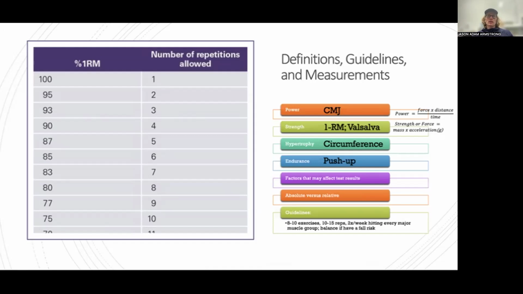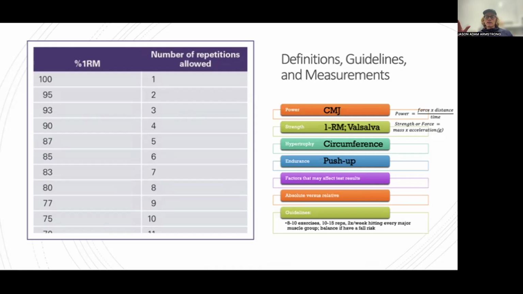This individual's 1 repetition maximum for leg press might be, I don't know, 350 pounds. But I could compare that to another 50-year-old female who weighs 300 pounds, and that individual's 1 repetition maximum might be 500 pounds.